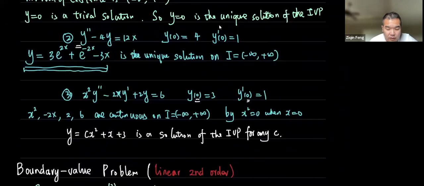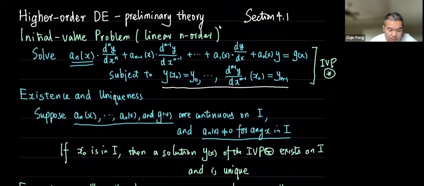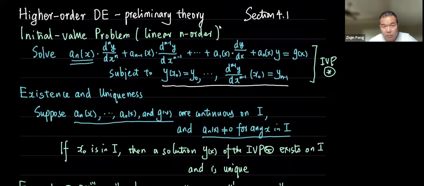So in this video, we discussed two kinds of problems, right? One is the initial value problem, the other one is the boundary value problem. The only difference is that for the initial value problem, initial conditions are given at a specified point, only one point. But for the boundary value problem, your conditions are given at different points, at least 2 points, right?